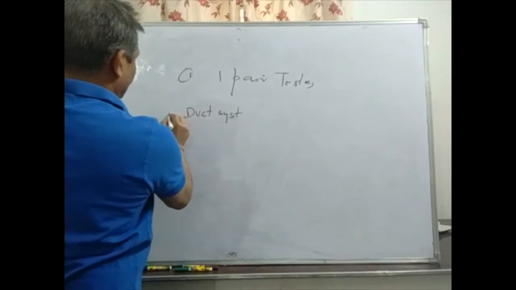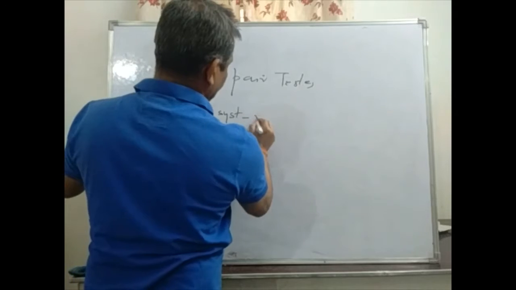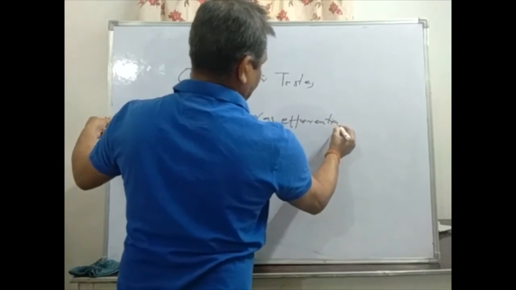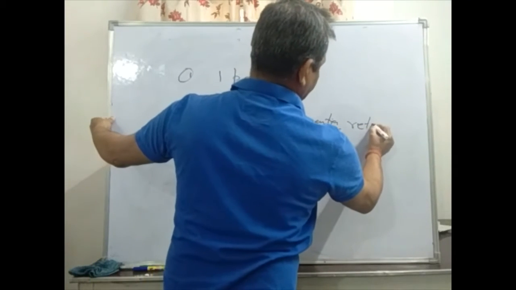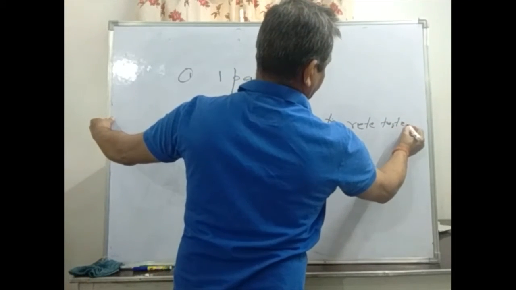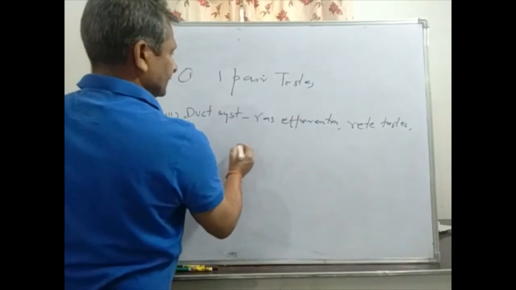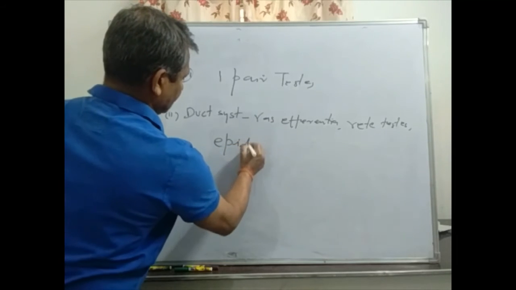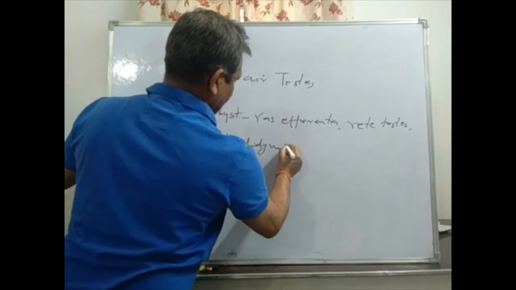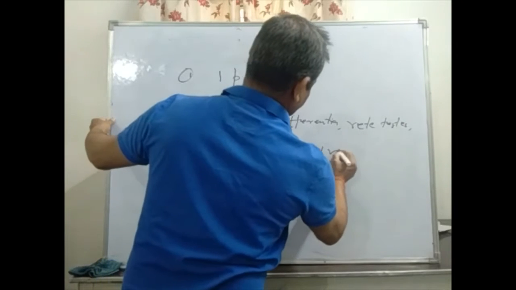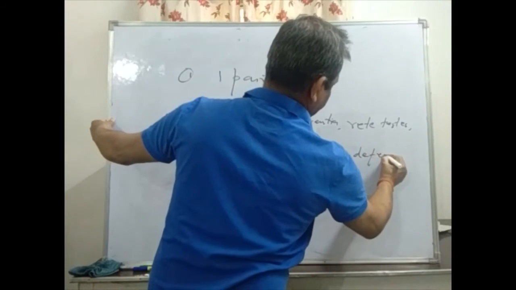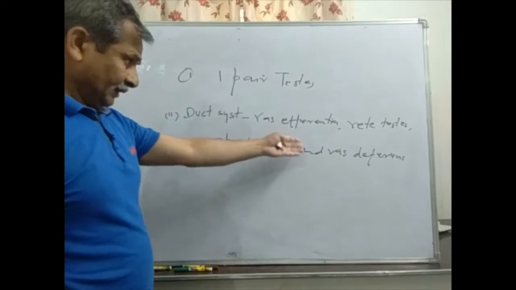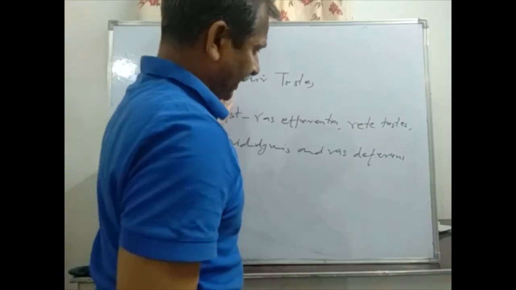The duct system involves the vasa efferentia, rete testis, epididymis, and vas deferens. These are the structures which carry the sperm to the abdominal cavity.